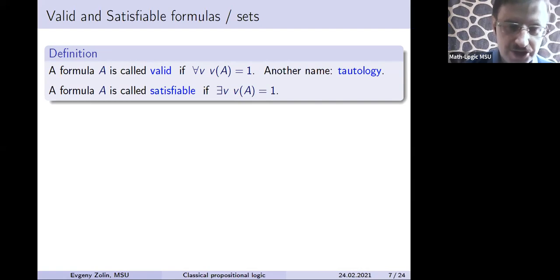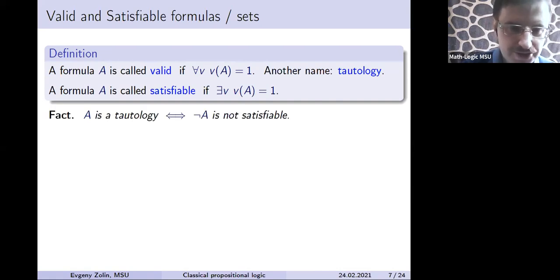So there is a valuation for which it is true. And of course, we have a clear connection between these two notions. A formula is a tautology if and only if its negation cannot be satisfied. If A is always true, then its negation is always false, so it is never true for any valuation.